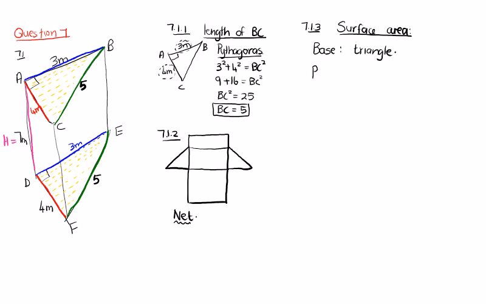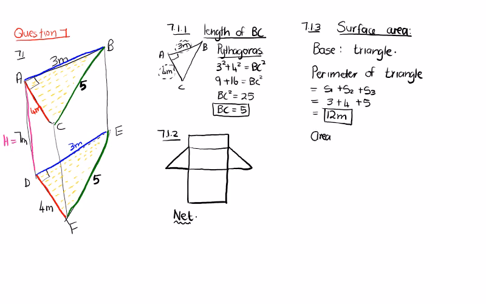Then you have to work out the perimeter of the triangle. And the perimeter is side 1 plus side 2 plus side 3. So that gives you 3 plus 4 plus 5, and that gives you 12 meters, and we are going to use that.